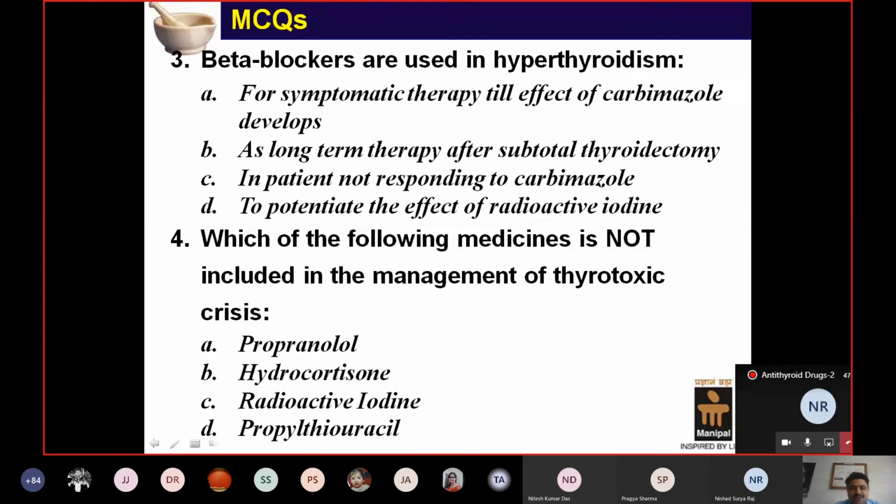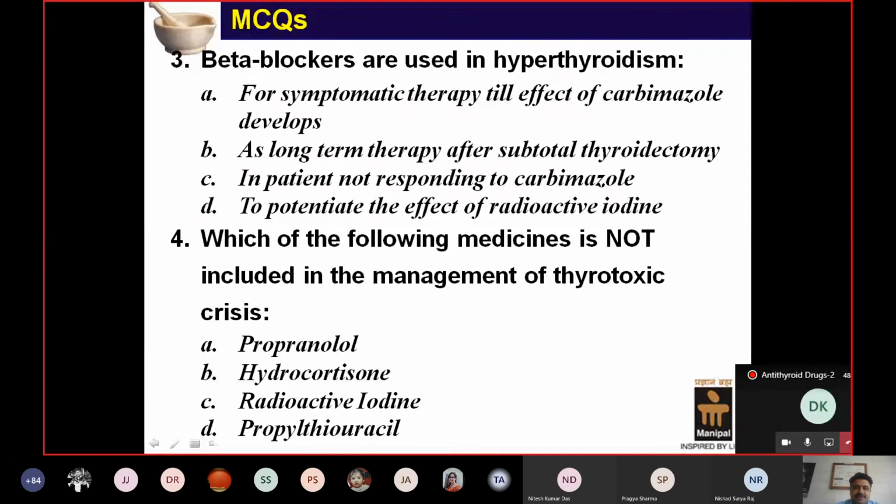Now question number 3. Beta blockers are useful in hyperthyroidism. Which one is the correct answer? A. Any other answer? Yes, A is the correct answer.